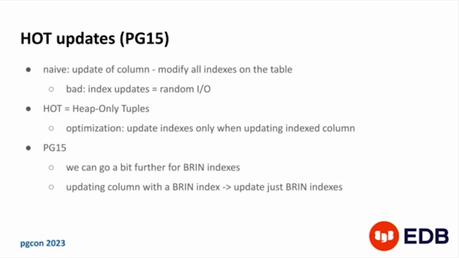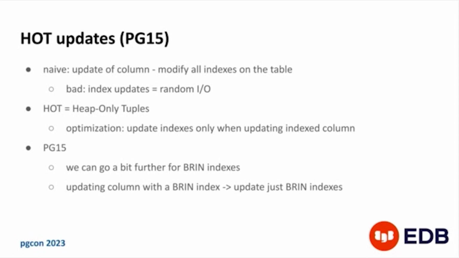One improvement that I didn't mention before is HOT updates. Who knows what HOT updates are in Postgres? Right. So for the rest of you, when you are updating a row in Postgres, and there are indexes on the columns that you are modifying, then you need to update all the indexes. Even if there is just a single index on the modified columns, you still need to update all indexes.